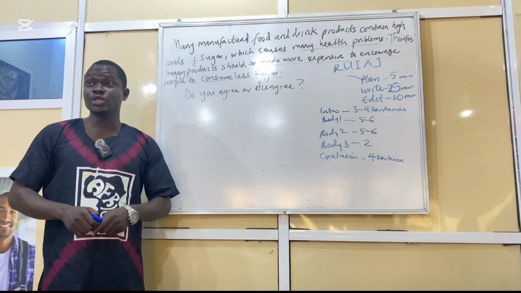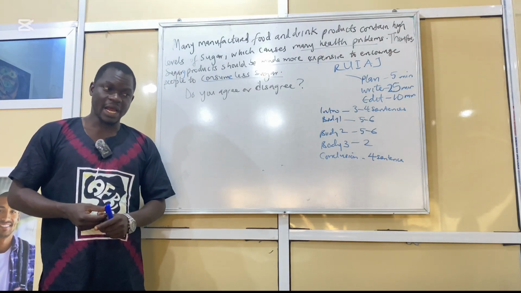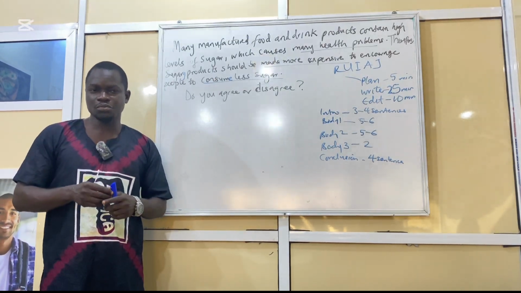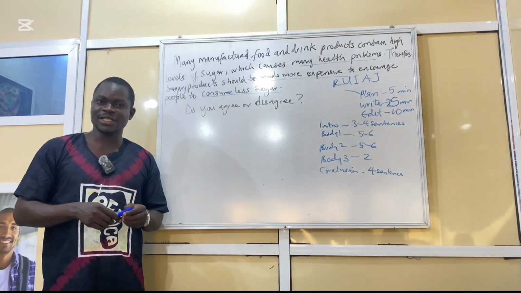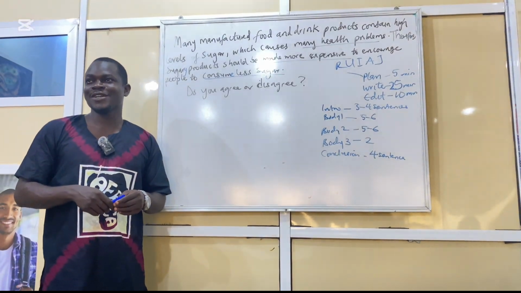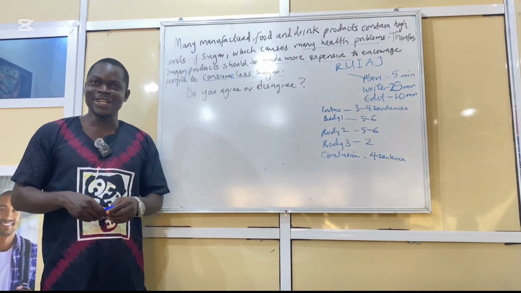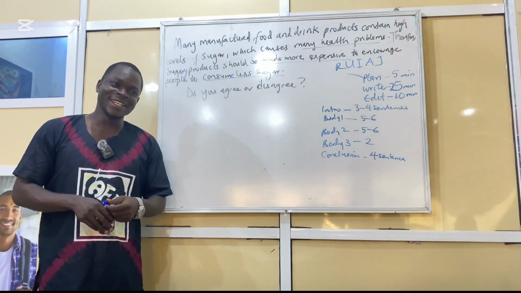So you have them consuming sugar more. I want to believe that is true to some extent. Yeah, because I think if you have enough money to buy honey, you will consume sugar less.